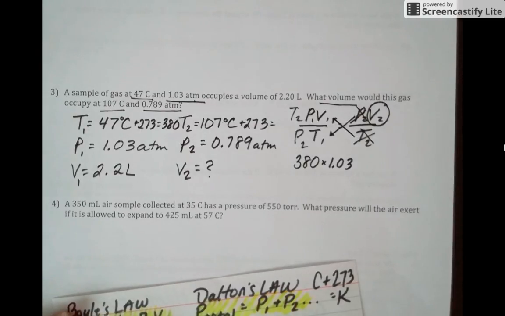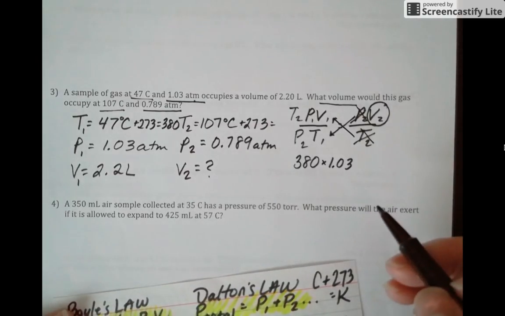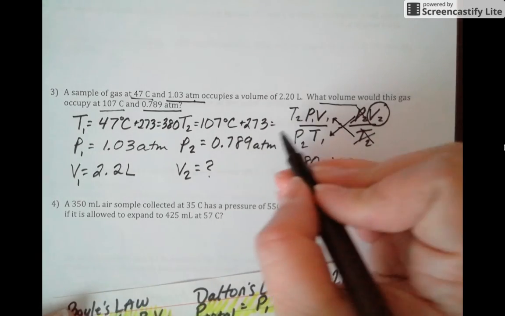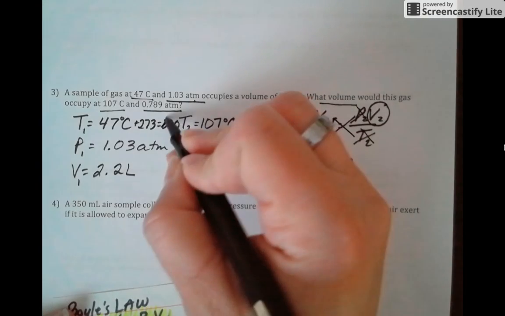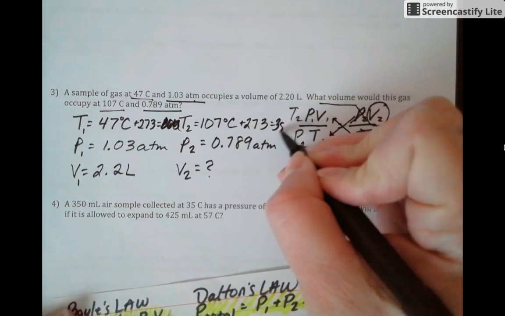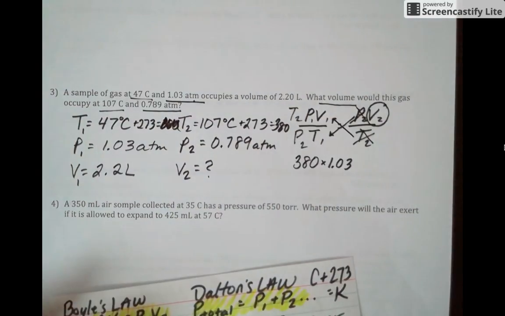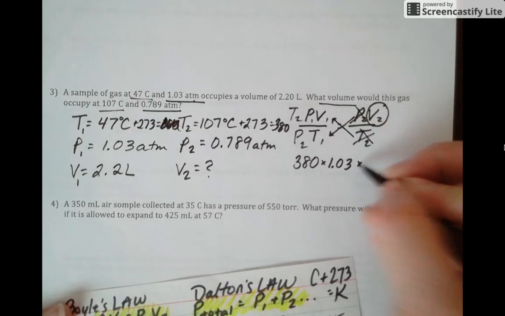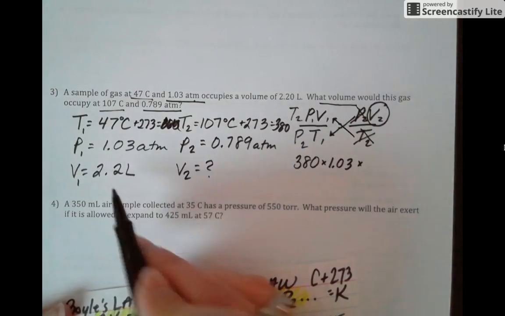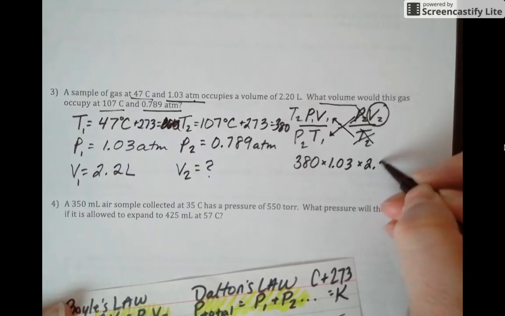Sorry, that's T2. And then V1 right here. What's V1? 2.2. Do you got that?